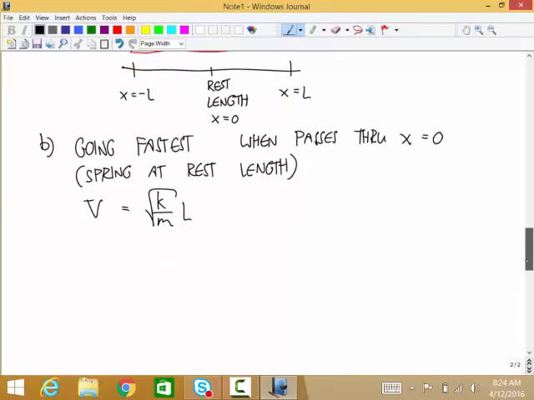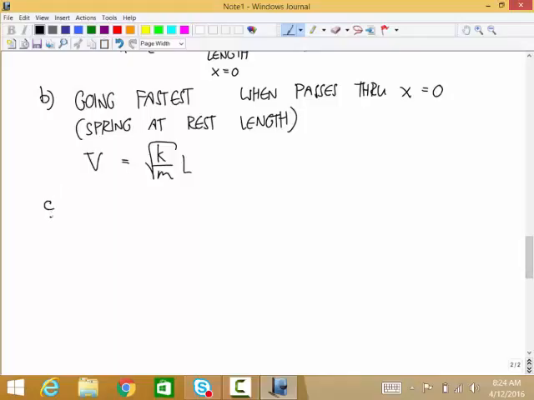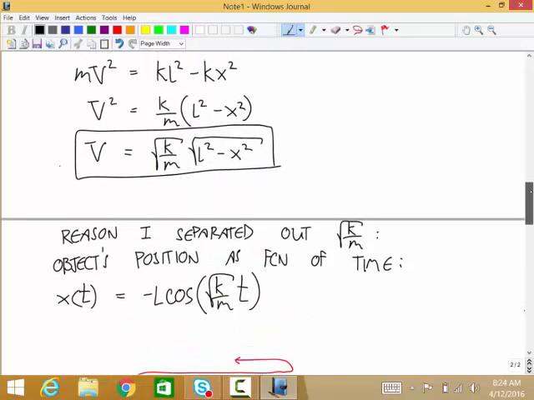And then at what locations is the speed equal to 0? There are two locations where that happens. Yep, thank you. x equals negative L and x equals positive L. And you can just see that from the equation.